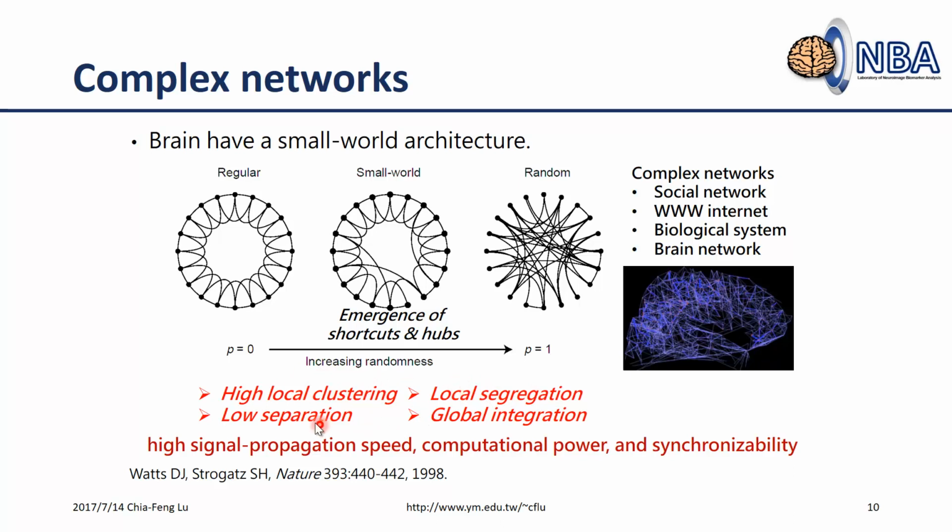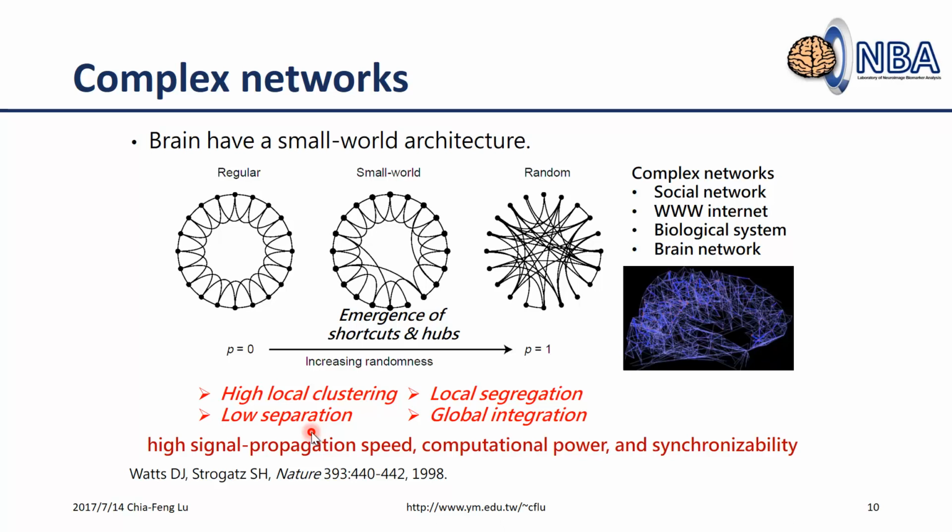And again, our brain still has low separation when we consider two distant regions, for example, the frontal region and the occipital region. We still have low separation because we have long distance connections. For example, you have the superior frontal parietal fasciculus, the inferior frontal occipital fasciculus, or the inferior frontal occipital connections.